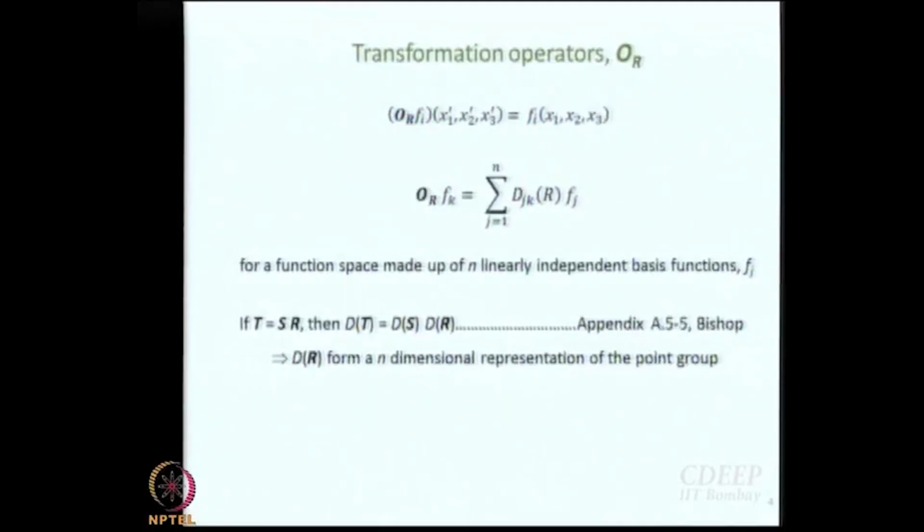Remember, we had drawn the group multiplication tables long ago when you were much younger. So, there if I take any function, so that T equal to SR, what I am saying is that you take the corresponding transformation matrices, multiply them, the transformation matrices will also form the same group multiplication law.